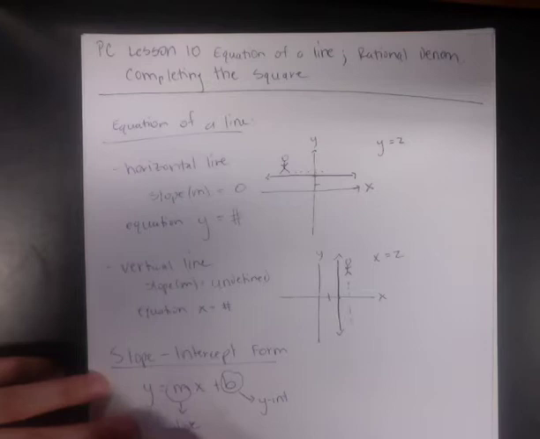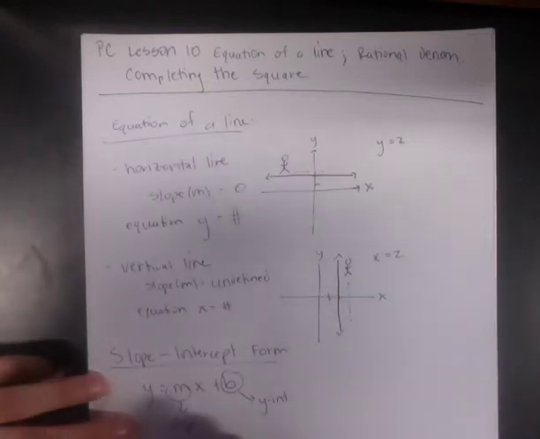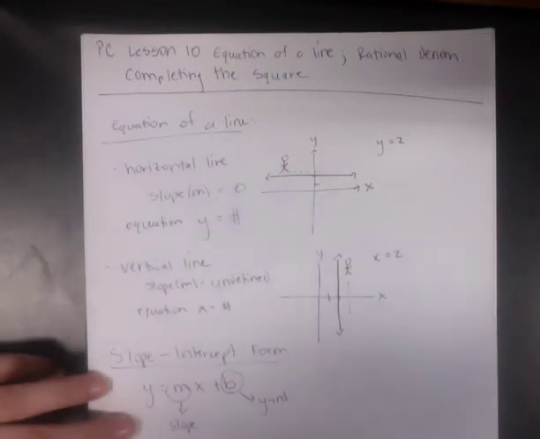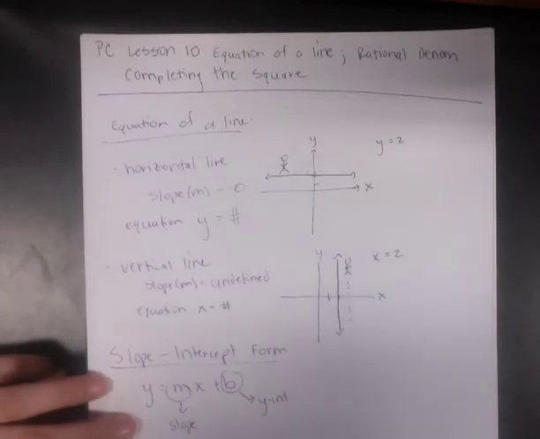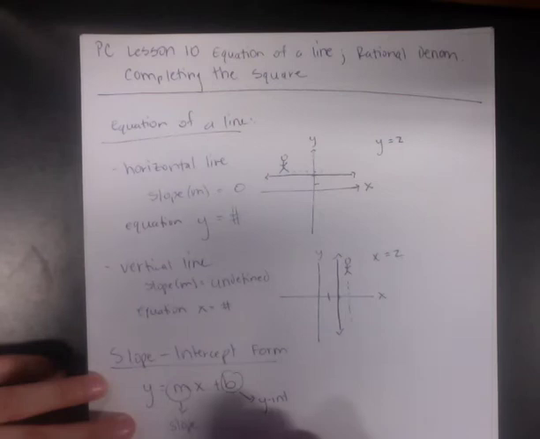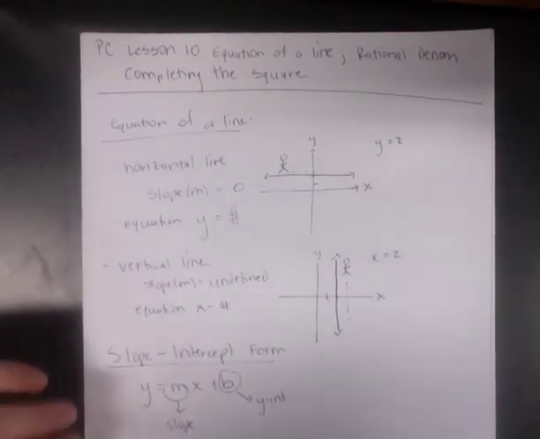Now, b is a point, our y-intercept, and it always has an x value of 0 and then some y value.